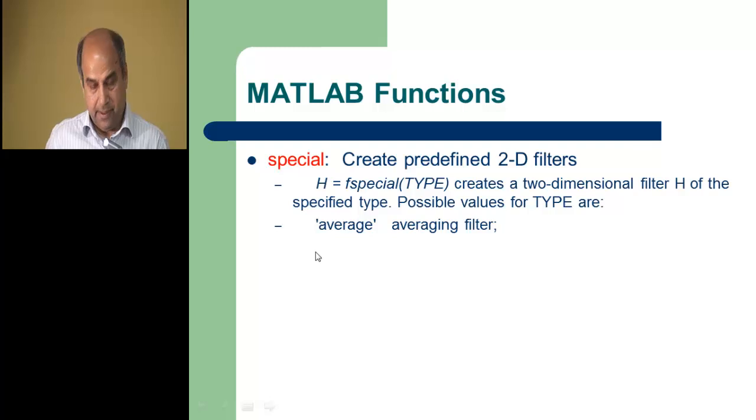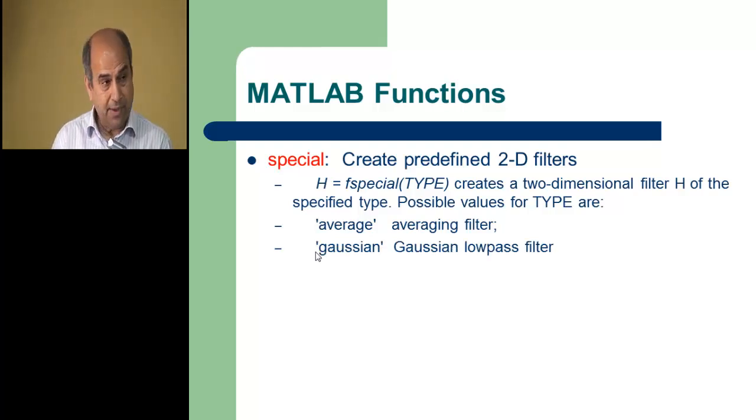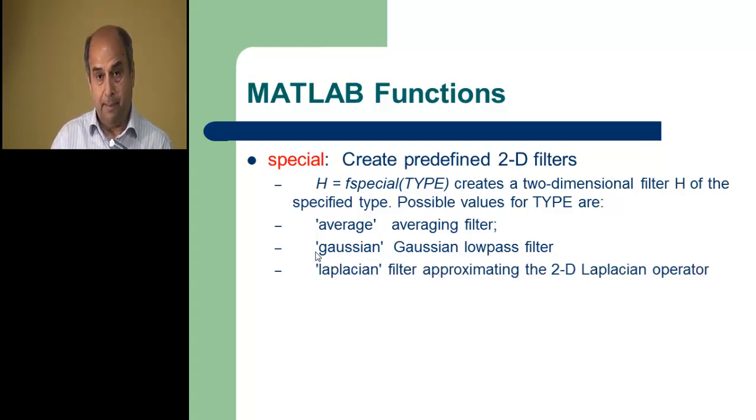And there are possible types. It can do averaging, and you have to specify how big the filter should be. If you put Gaussian, it will actually generate a Gaussian filter. You can do Laplacian, which we're going to talk about, which will generate the Laplacian operator. Laplacian is essentially the second derivative of x plus the second derivative of y.